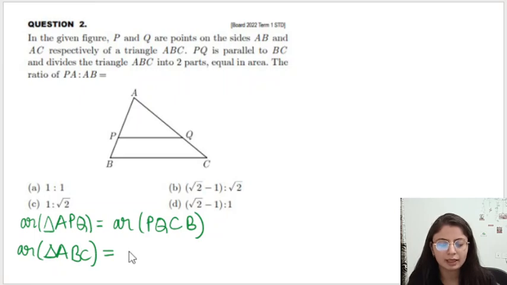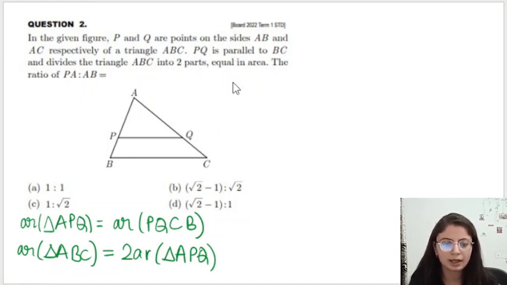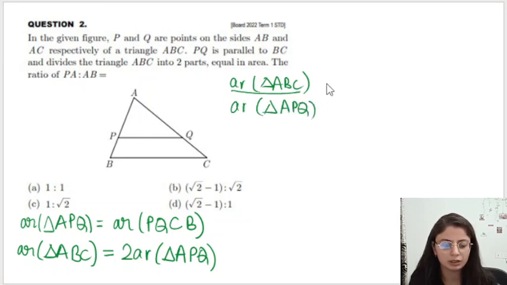This area of the bigger triangle ABC will be twice the area of the smaller triangle APQ. So using this we can have the ratio: area of triangle ABC by area of triangle APQ equals 2 by 1, right?